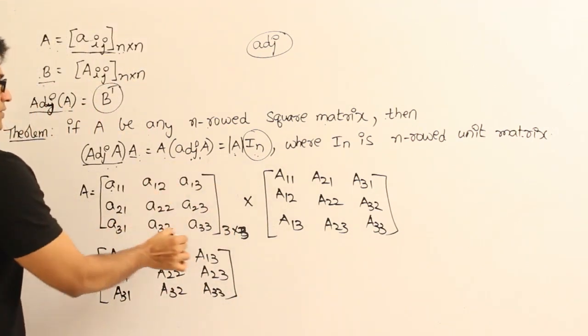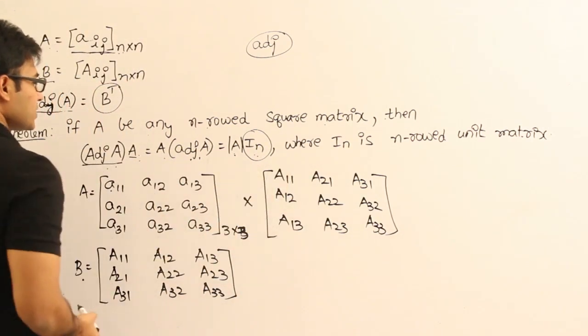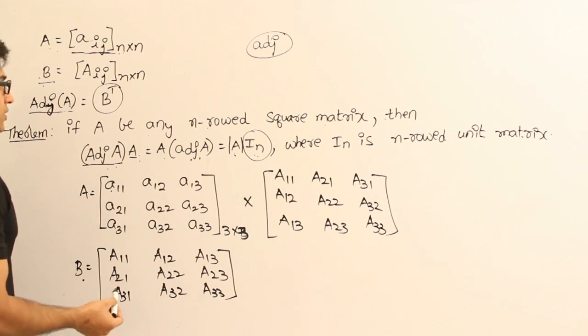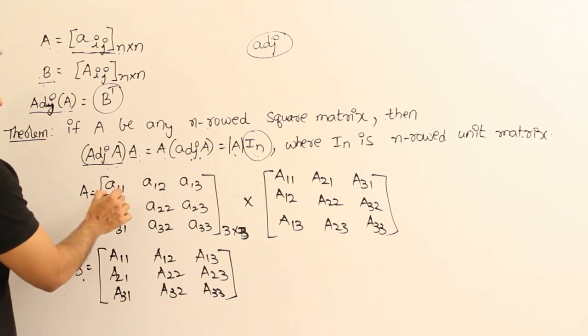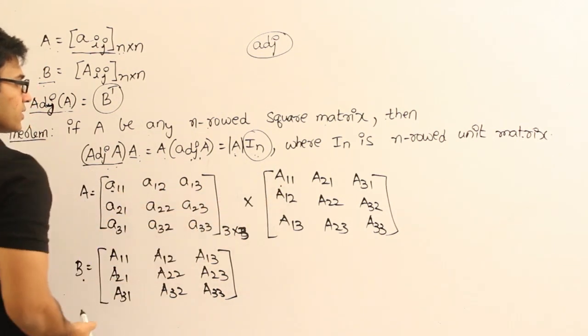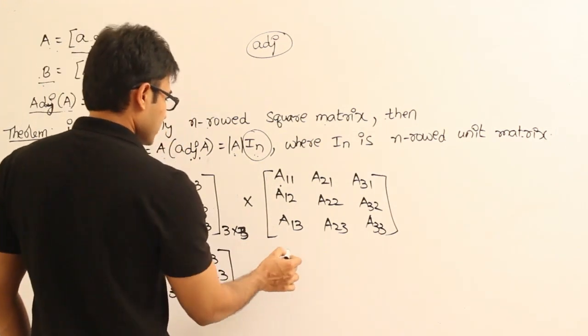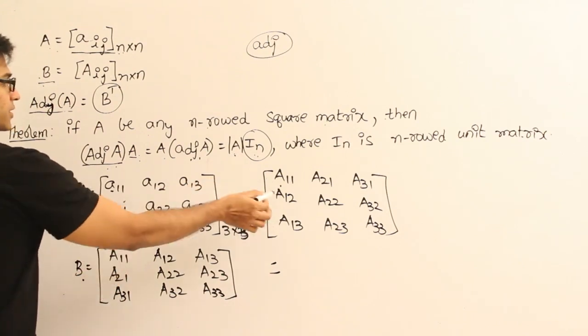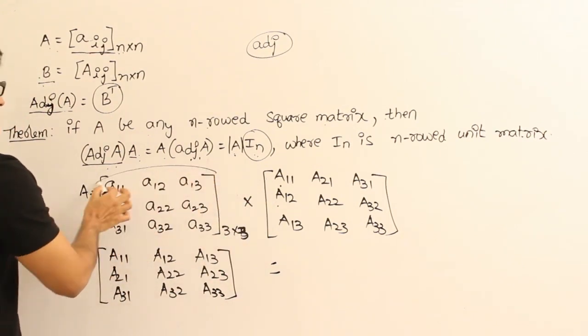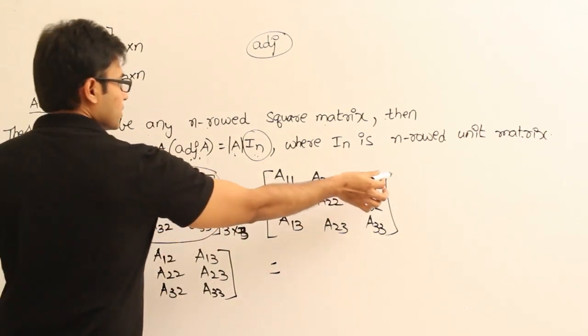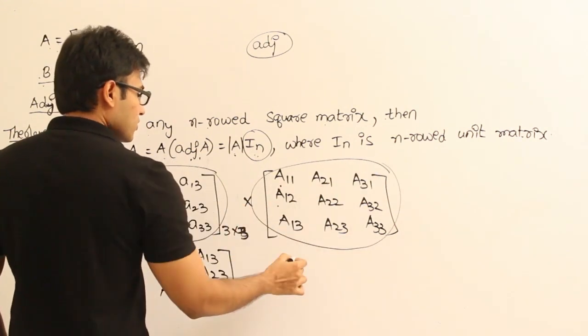So this is the matrix A and this is its adjoint. Now multiply these two and see what we get. I'm just going to write the result here: the multiplication of a matrix with the adjoint of that matrix.